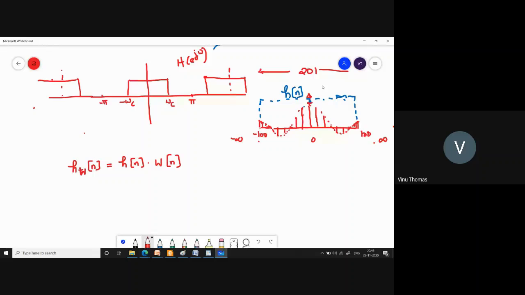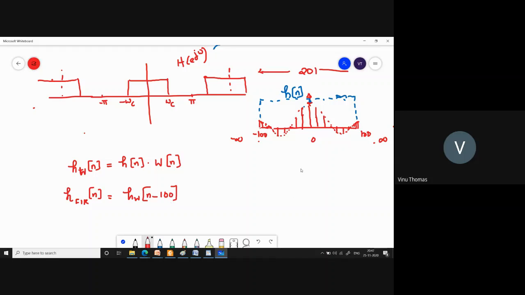Okay. Now, what we will again do is we will make this causal by designing the FIR filter. So I will call this h FIR of n as equal to HW of n minus 100.